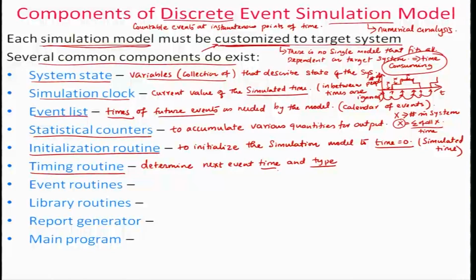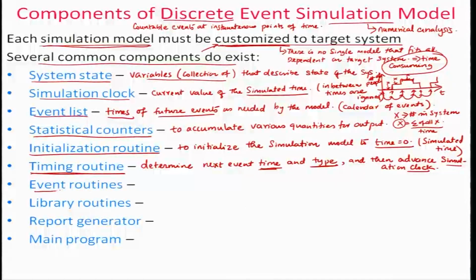Whether it is an arrival, whether it is a service completion, whether it is a machine breakdown, you determine this and then advance the simulation clock. So, you determine the time and the type of the next event, and then you advance the simulation clock, so that the next event actually happens. So, the timing routine ensures that the simulation model keeps on ticking as time progresses.